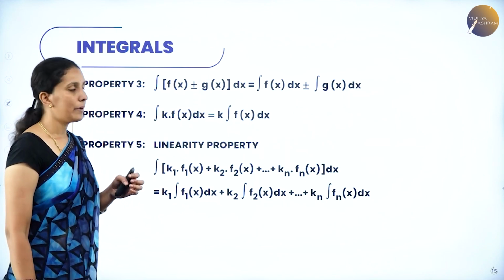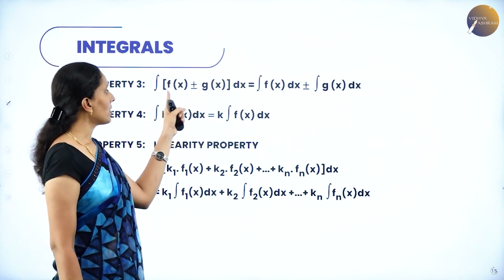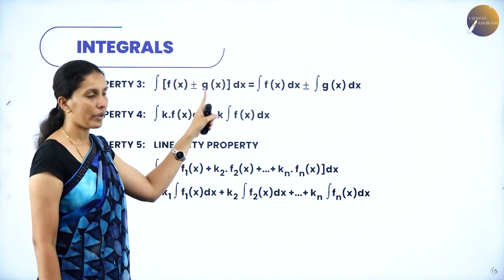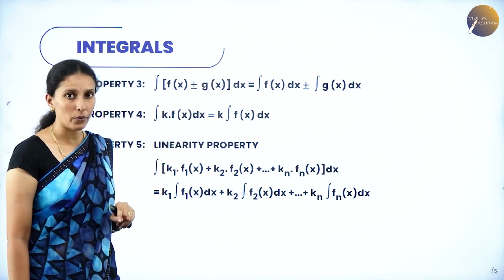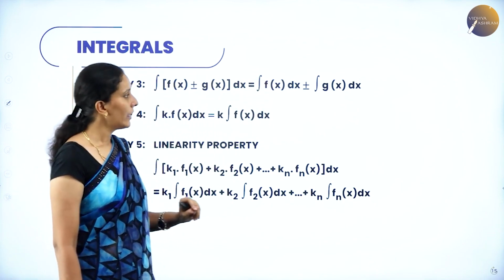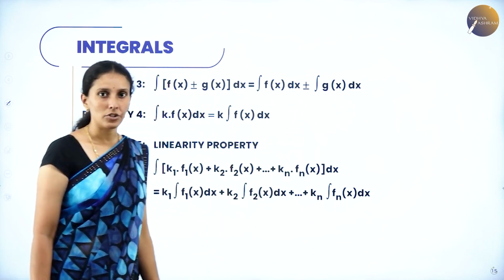Next, property number 3 says, whenever any function is given in the form of f of x plus or minus g of x, whose integral has to be found, then first integrate the first function separately, then integrate the second function separately.